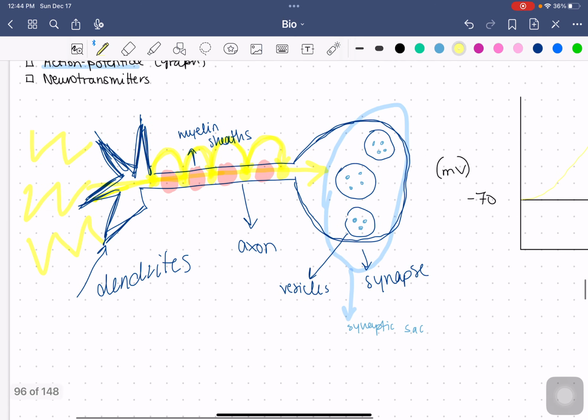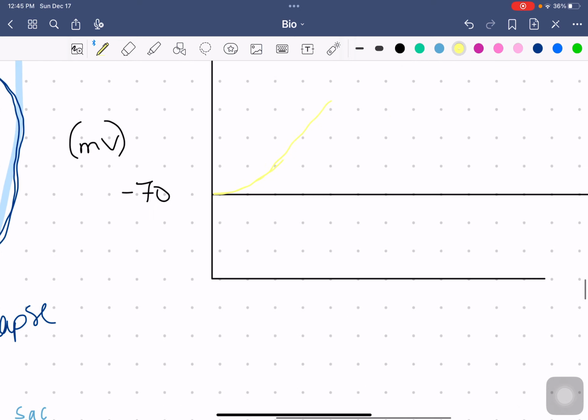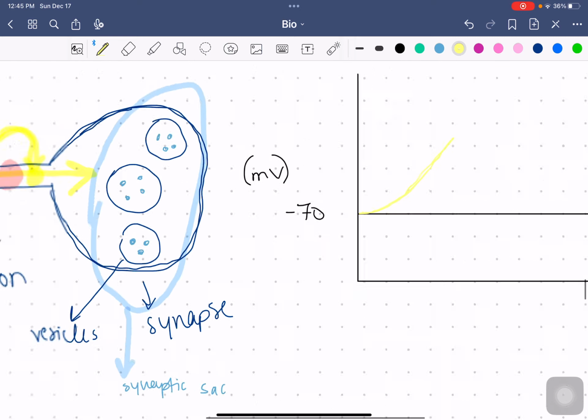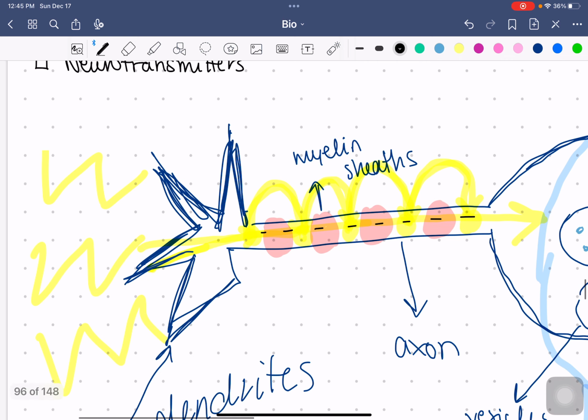And this is going to be because we have to accommodate the impulse. Inside the neuron, we actually have negative charges. Well, not negative. The inside of the neuron is just less positive than the outside of the neuron, and that's because we have all our sodiums out here.